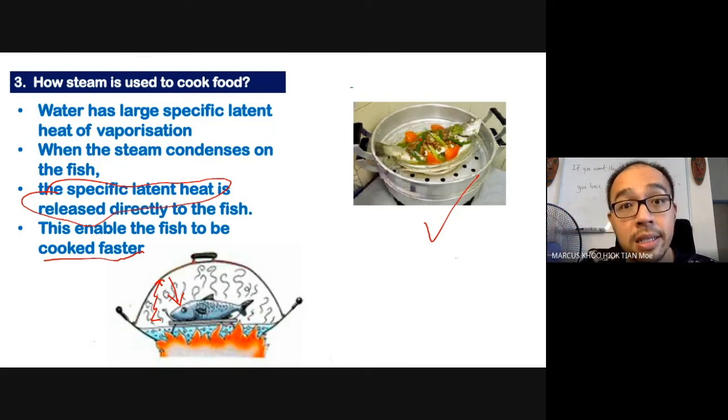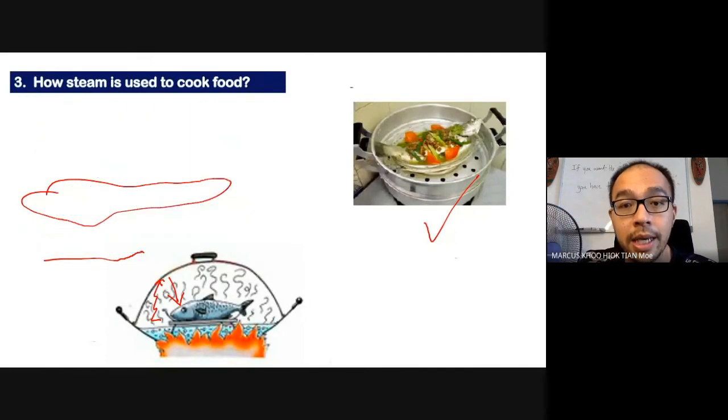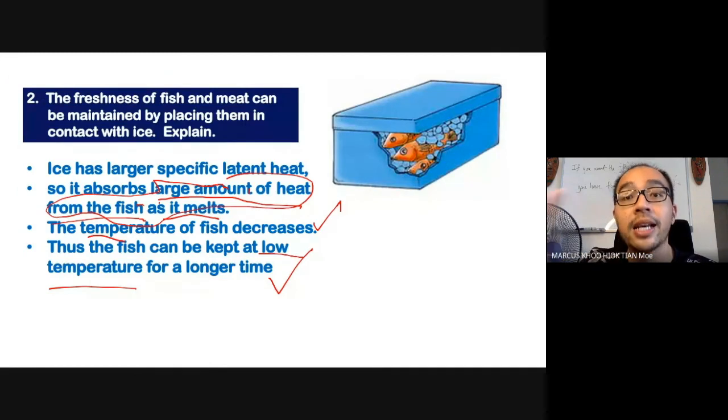In this case, the surroundings is the fish. It is releasing the heat onto the fish, because it has to change from steam to water. In the case of the fish before this, it has to absorb the heat from the fish so that the ice can change to water.